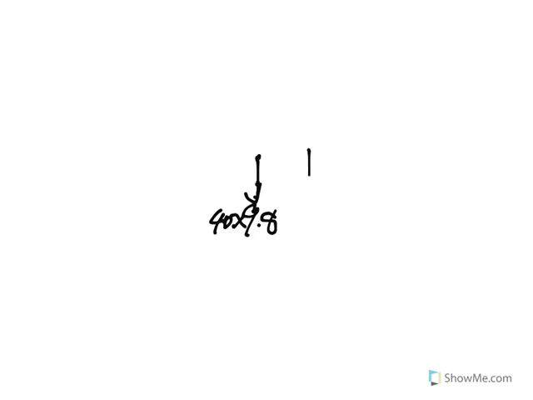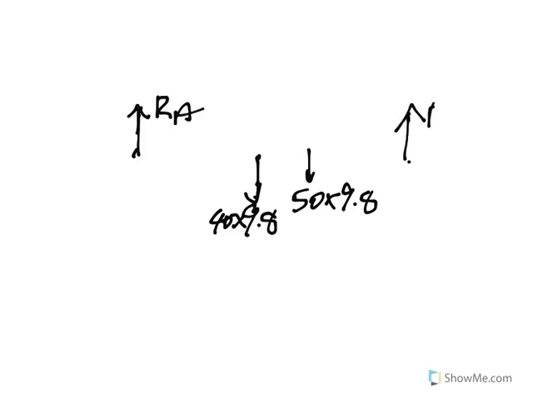We've also got a person standing here, and they're 50 kilos, so that's 50 times 9.8 for theirs. Now there are two other forces acting, because the beam's supported at A and at B, so I'm going to call them RA and RB, the reactions at each.